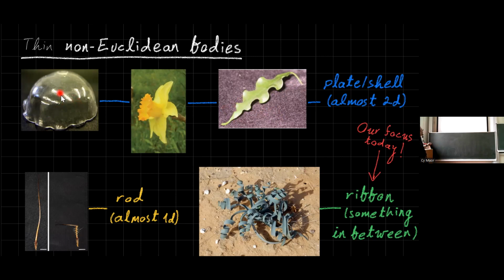This is a gel made in a lab such that if you put it in an oven, it responds to heat in a non-homogeneous way. It contracts more near the edges than inside. So though you constructed a flat thing, once you put it in the oven, it got some kind of spherical shape.